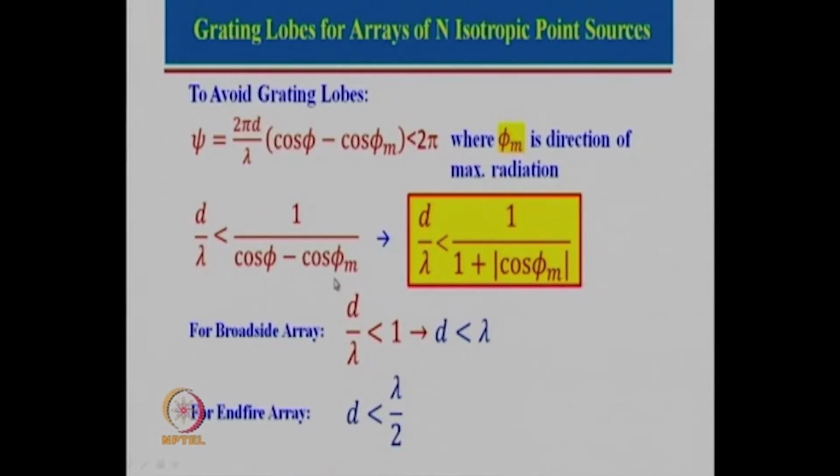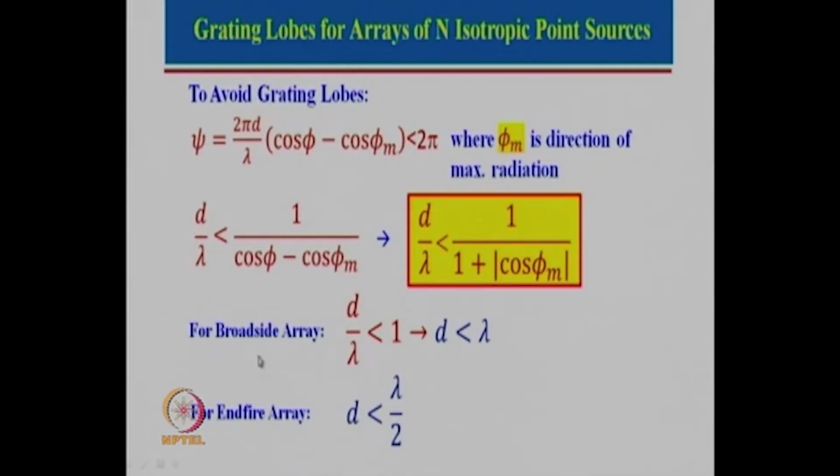Now, the maximum value of cos phi, as phi varies from 0 to 360 degrees, can be minus 1, and the maximum value of this term can vary from 0 to 1. So, d by lambda should always be less than this, which is the maximum of the denominator, that is 1 plus the magnitude of this term. If this condition is satisfied, psi will never become 2 pi for any given value of phi m.